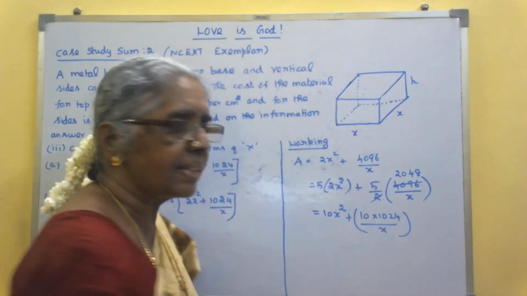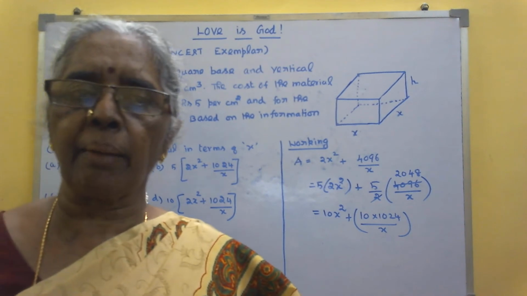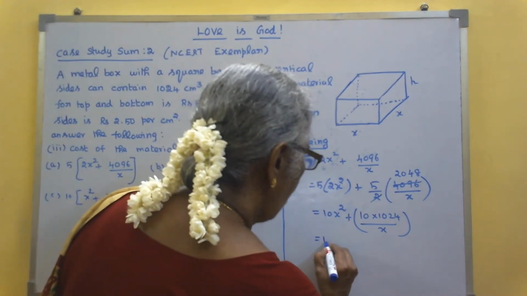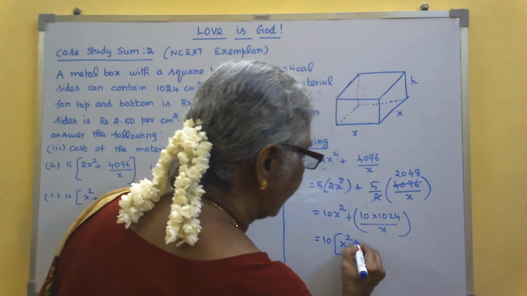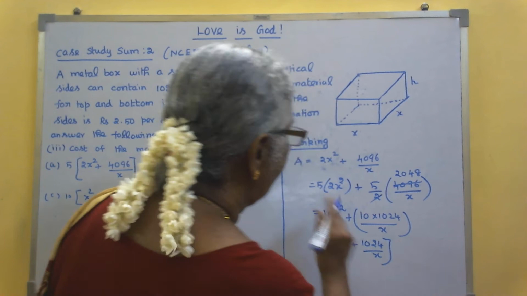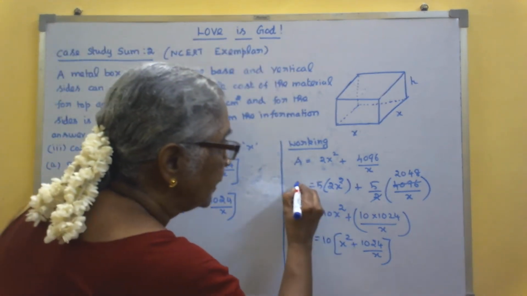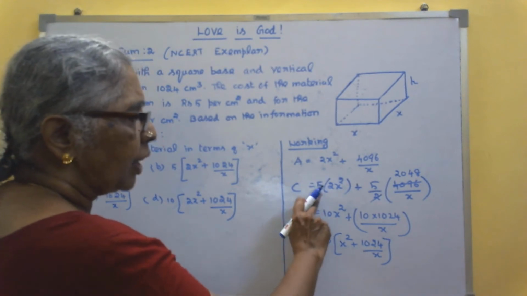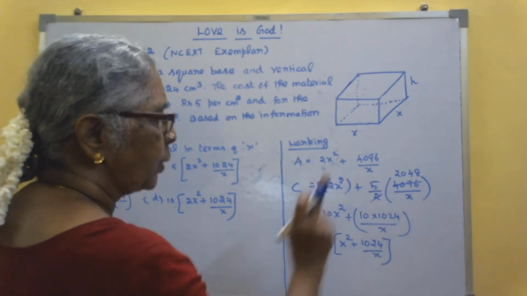That 5 is there, that 2048 I am writing as 2 into 1024, that 2 I am multiplying. So 10 I can take out. I will get x squared plus 1024 by x. And this is the cost actually. This is A and this is the cost C. Because 5 into this plus 5 by 2 into this.